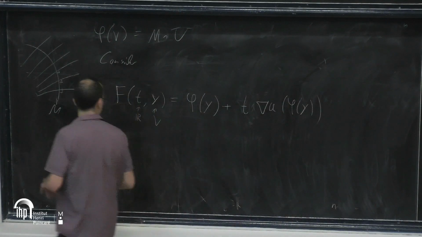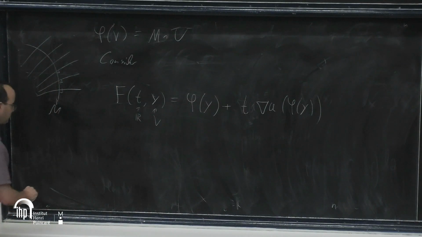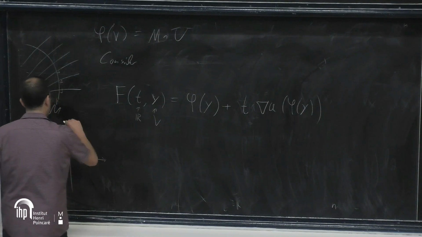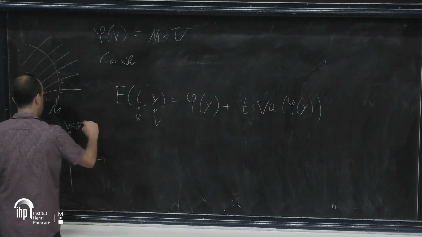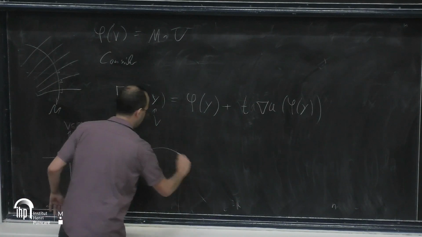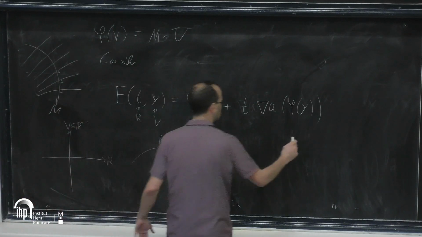So what do we do here? Let's try to understand. This is a V in R^{n-1}, and we have our map f to R^n.